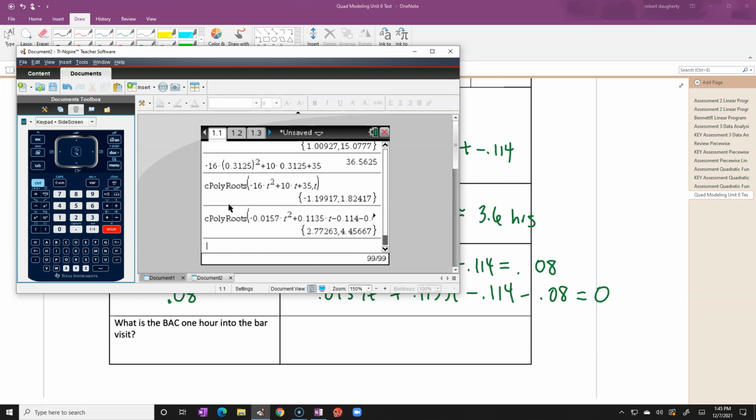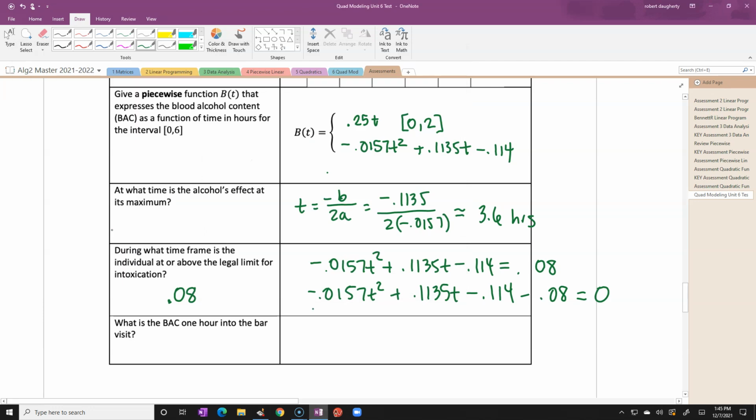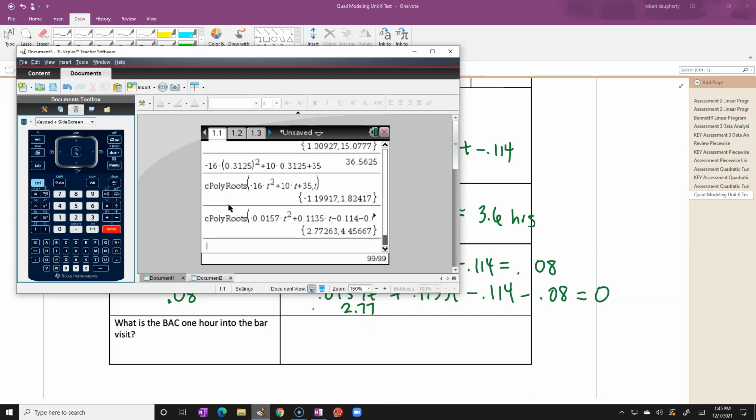So it tells me that I'm reaching the value of 0.08 at 2.77, and the other value was 4.45.